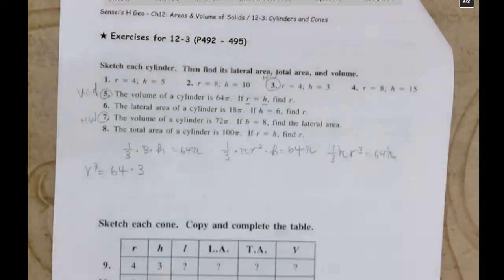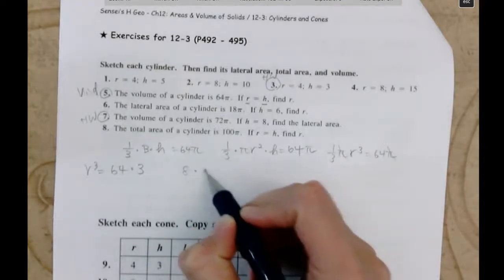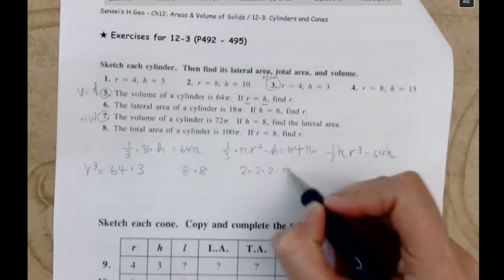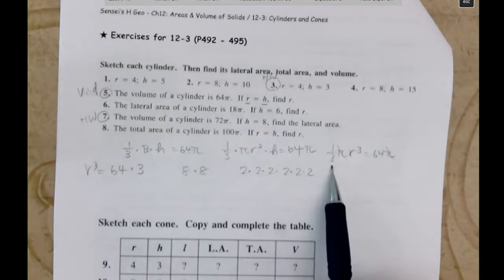But is that going to be a clean number? Let's just see. It should be a clean number. 64 is 8 times 8, so that's 2 times 2 times 2 times 2 times 2 times 2. The 3 is going to get left here.